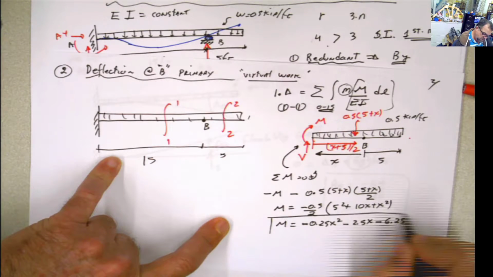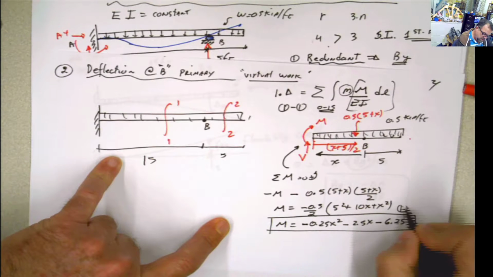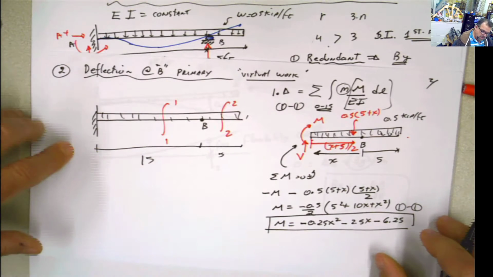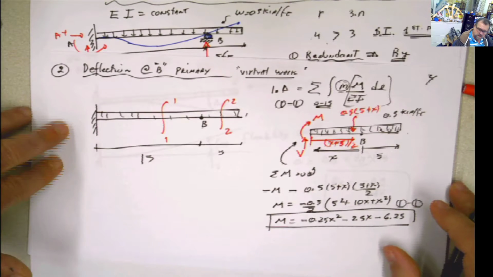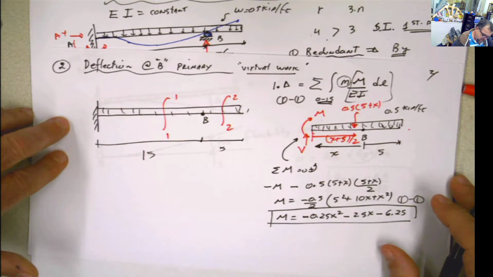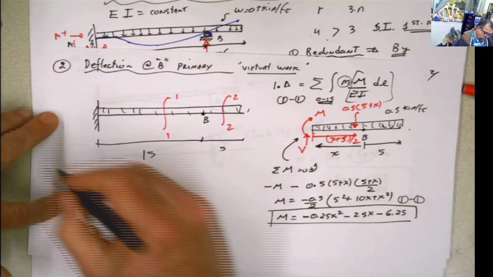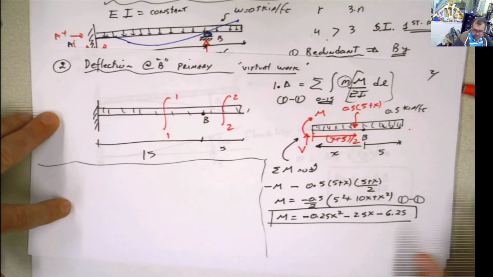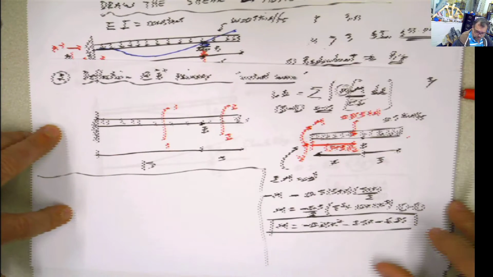Okay, that's my equation for the moment 1, 1. Now I know that this is not needed. However, I'm gonna do it as if I didn't know, because I want to explain it.